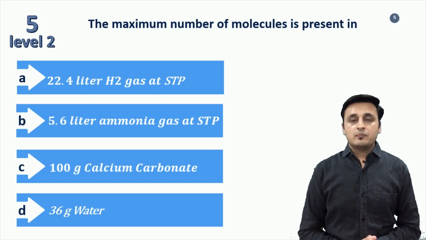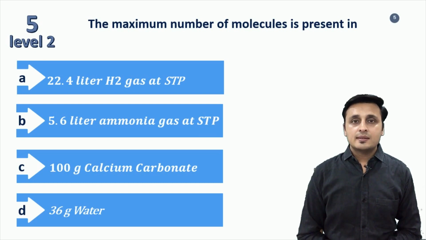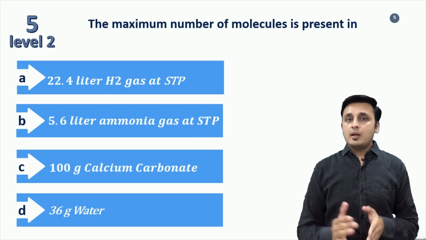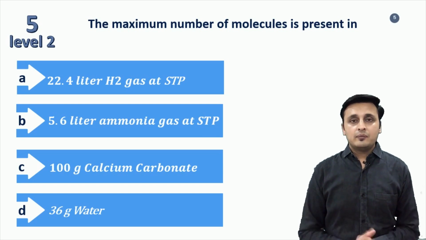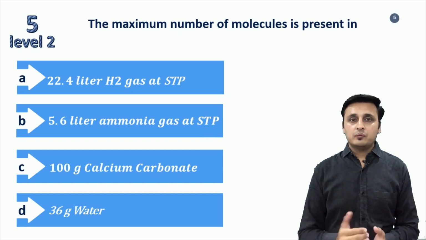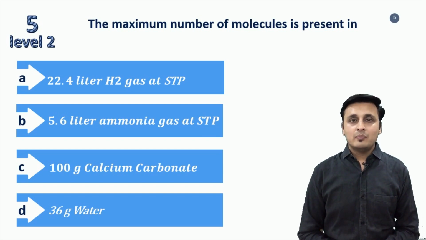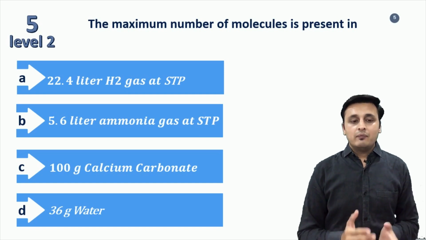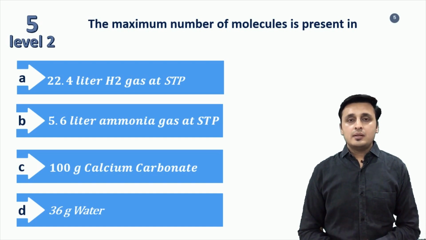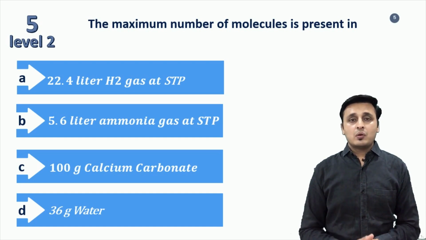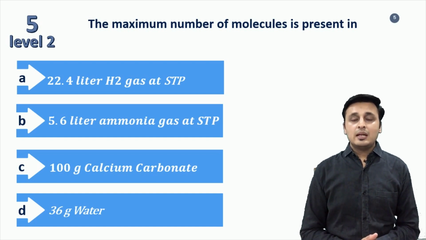For option B, 5.6 liter ammonia gas is given at STP. 5.6 is 1/4 of 22.4 liter, and therefore the mole number will be 1/4, that means 0.25 mole for option B. When we see option C, 100 gram calcium carbonate: the gram molecular mass, that is the molar mass of any particular molecule, represents 1 mole.